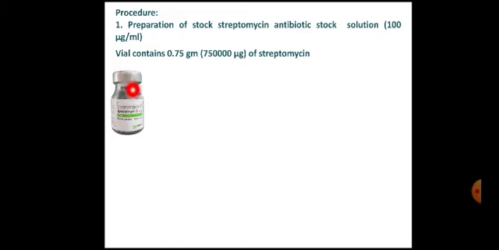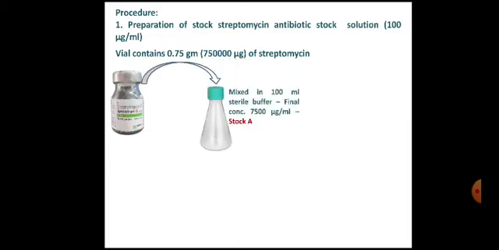This antibiotic vial contains 0.75 grams, that means 7,50,000 micrograms of streptomycin. Mix this with 100 ml of sterile phosphate buffer. So 7,50,000 micrograms in 100 ml.